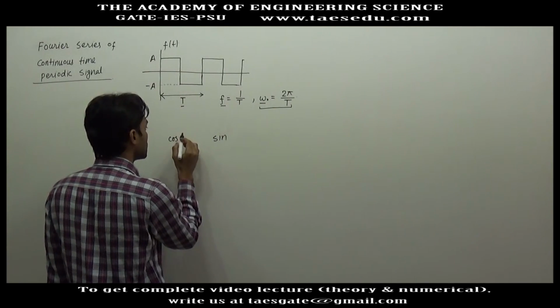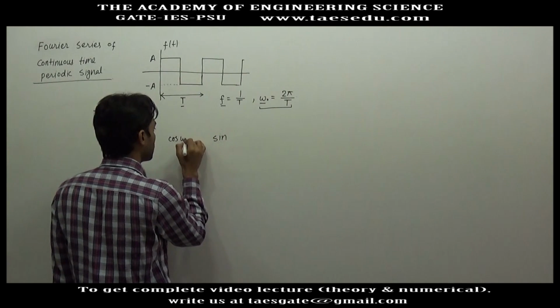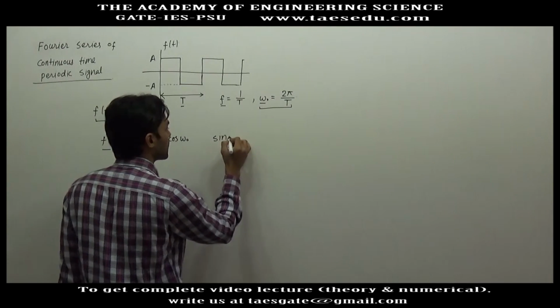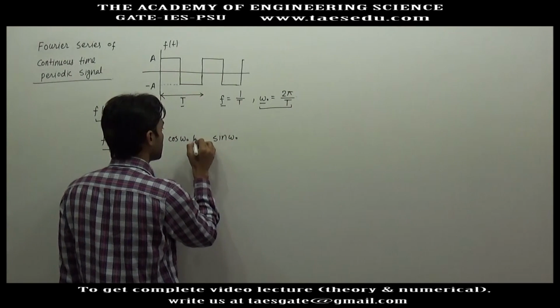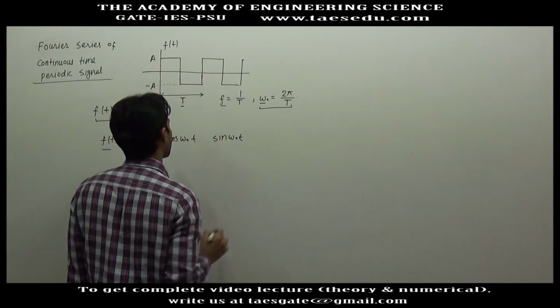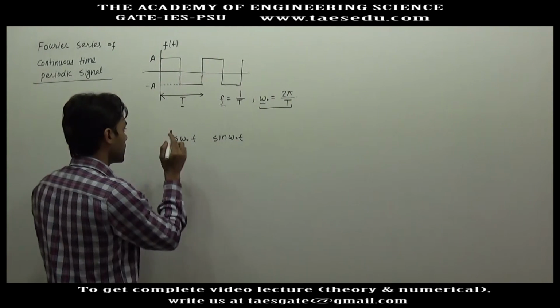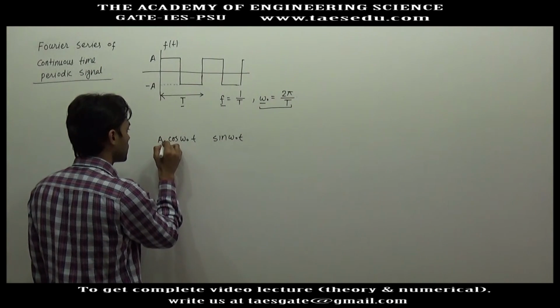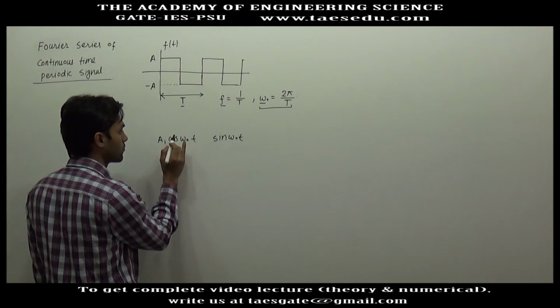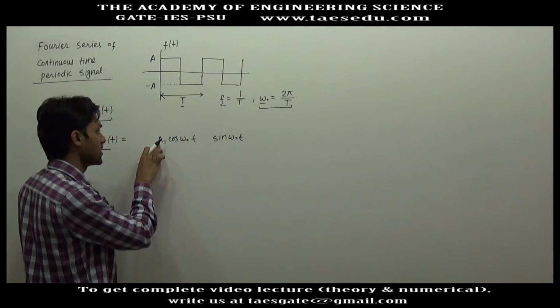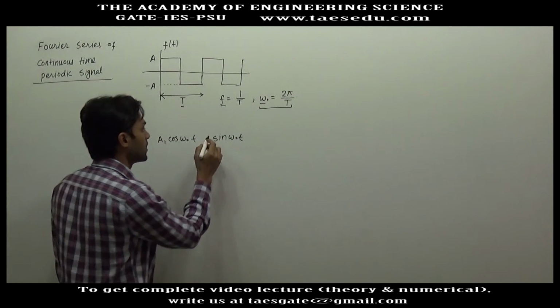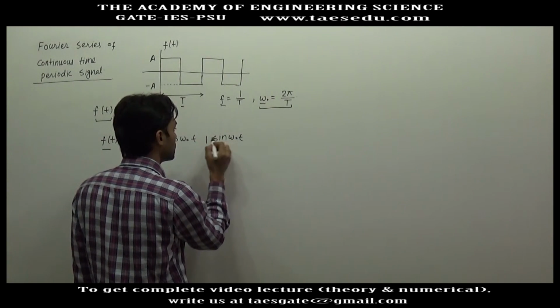This is a function of time, and obviously it will have some amplitude. Let's say this is unknown for now, but whatever is the amplitude of the cos term we will represent with a, and whatever is the amplitude of the sine function we will represent with b.